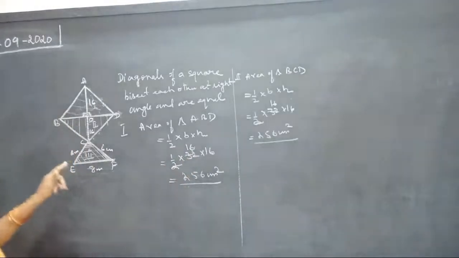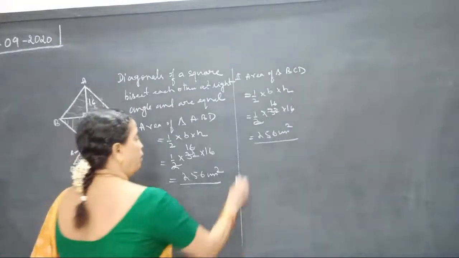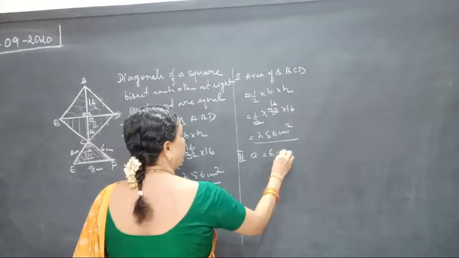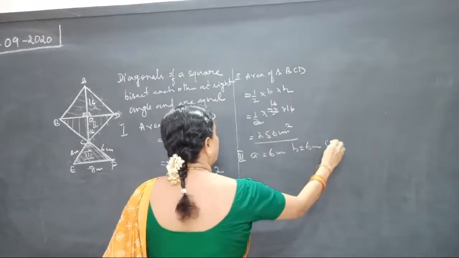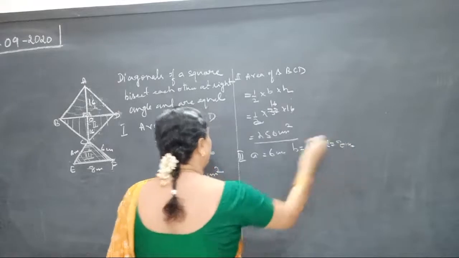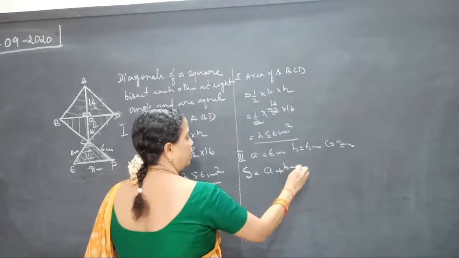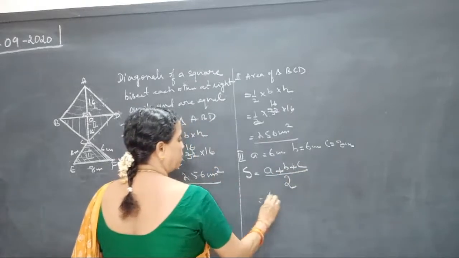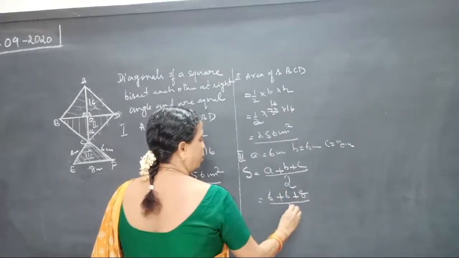Now coming to the part 3, which is an isosceles triangle where A is 6 centimeter, B is 6 centimeter and C is 8 centimeter. Therefore, S equals A plus B plus C upon 2. That is 6 plus 6 plus 8 upon 2.